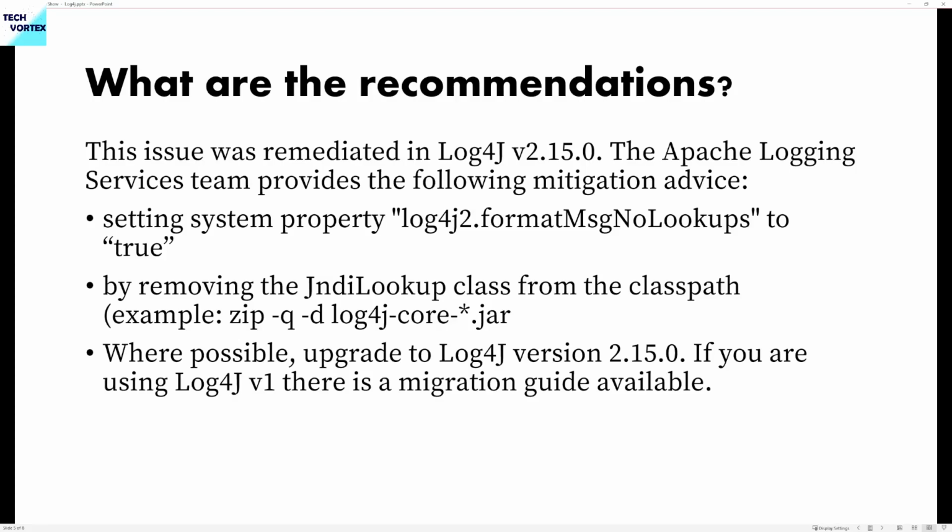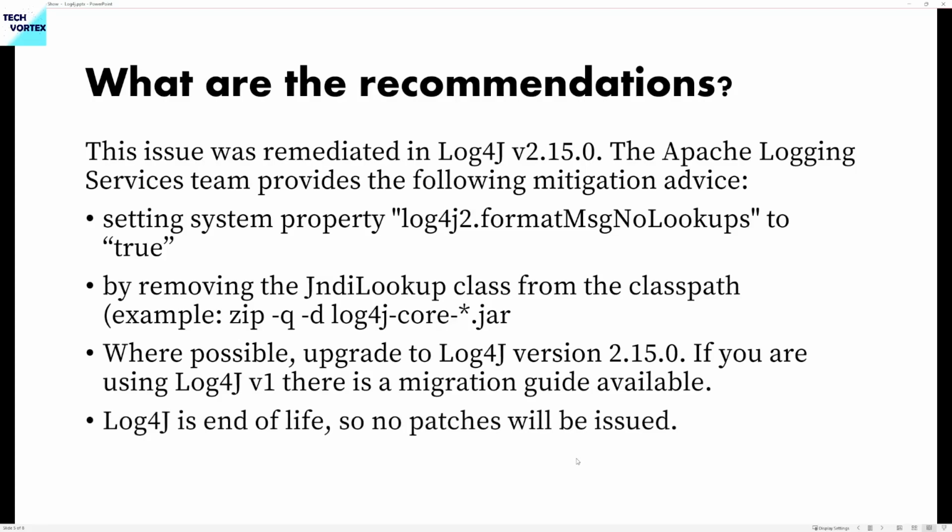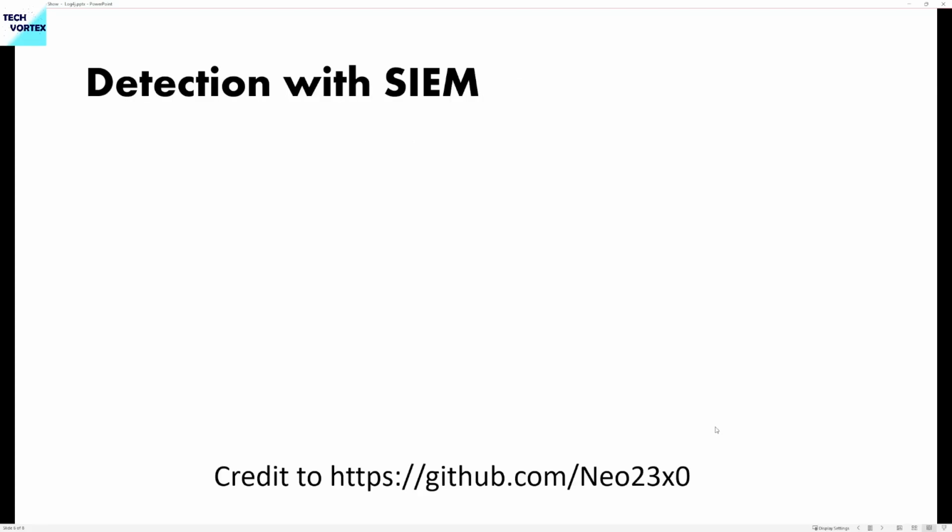So it is always recommended to stick to the version recommended by the vendor. Upgrading to 2.15.0 is recommended, and you need to consider this action, as no more patches will be released for version 1.